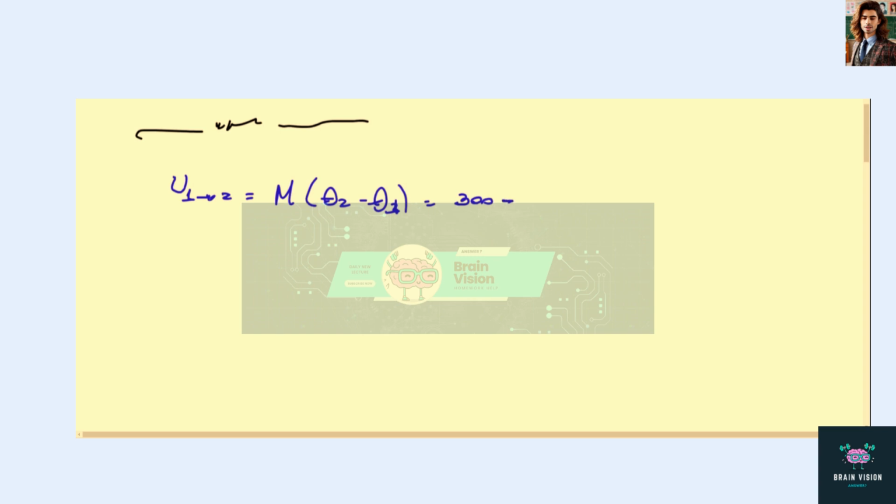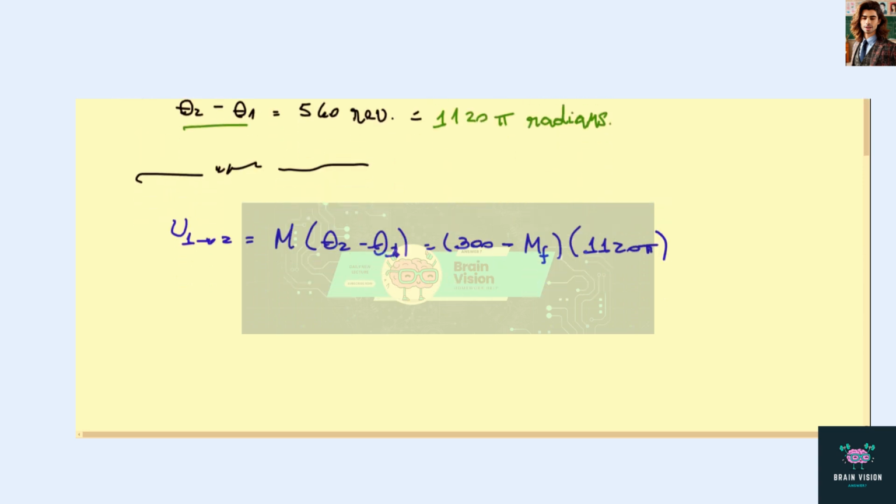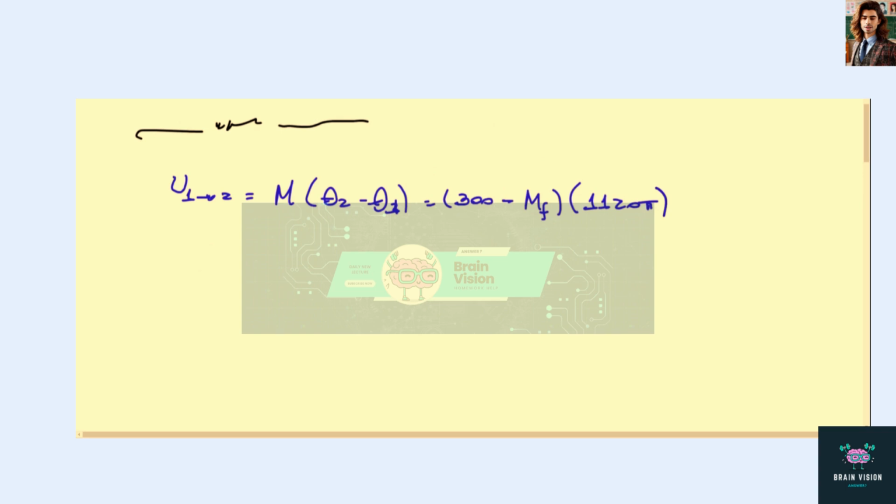Therefore, we can say that this equation is just the 300 that rotates the flywheel minus the moment that is generated by the friction, and that should multiply 1120 pi, as we already know.